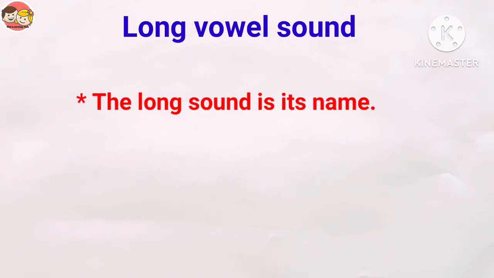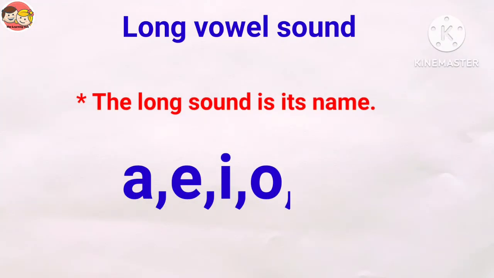So long vowel sounds are A, E, I, O, U. This is letter A. The name of the letter is A, and the long sound of this letter is also A. The long sound is its name. So long vowel sound means the letter itself.